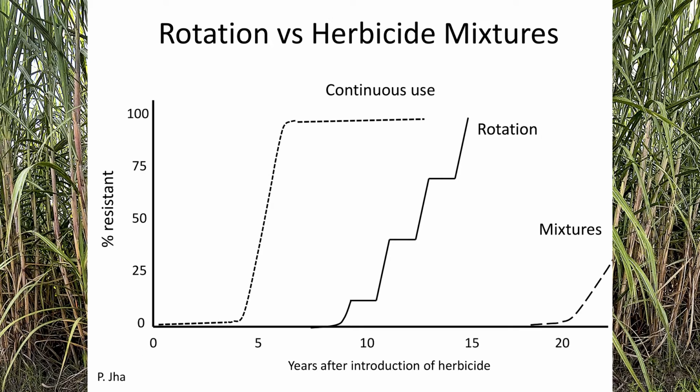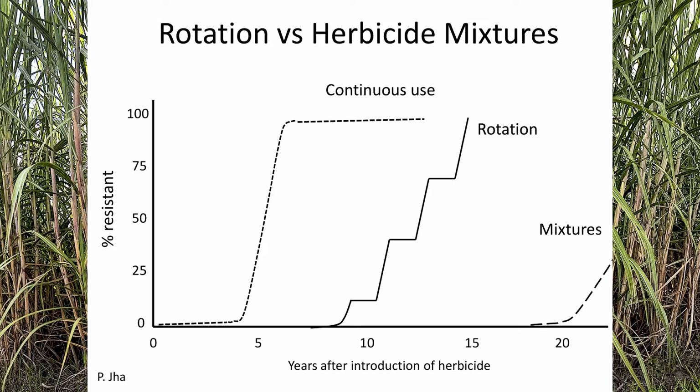So this is a chart from Dr. Prashant Jha. You can have percent resistance from 0 to 100, over years after introduction of a herbicide. With continuous use of one herbicide, you can see just a linear increase.